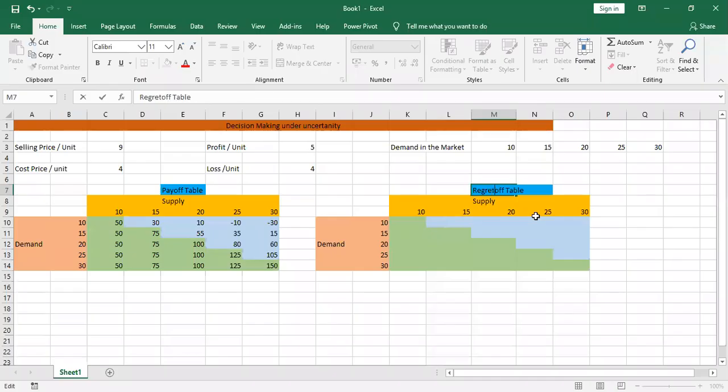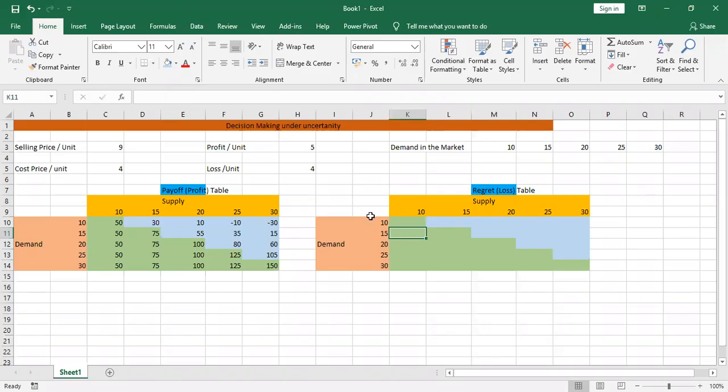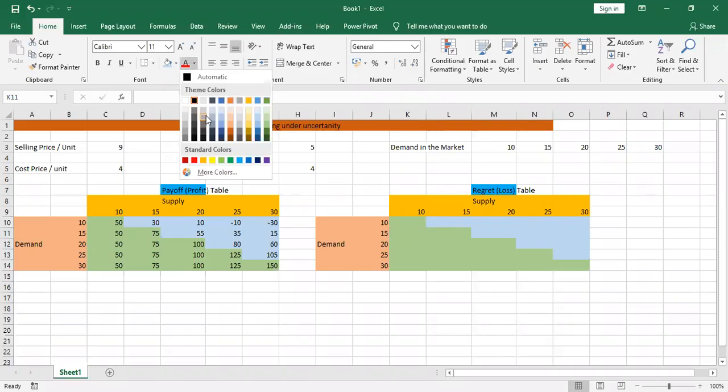Regret table is basically known as the loss table, and the payoff table is basically known as the profit table. In the payoff table, we talk about only profit. That means in the loss table, what will we talk about? We will talk about the losses.